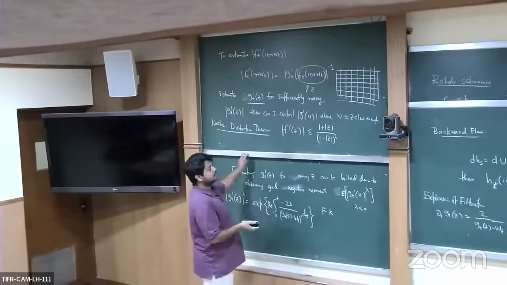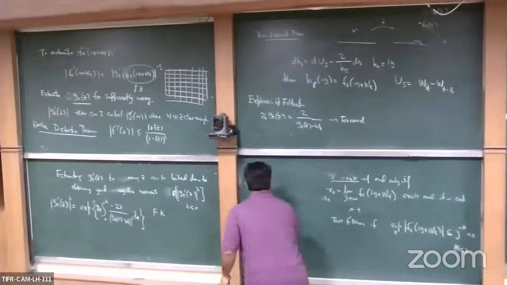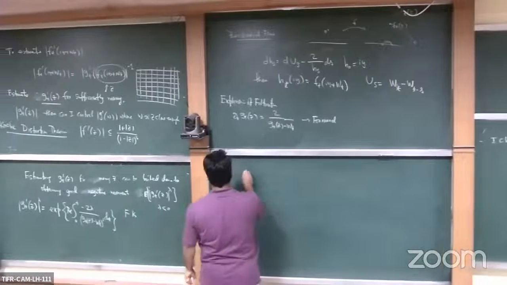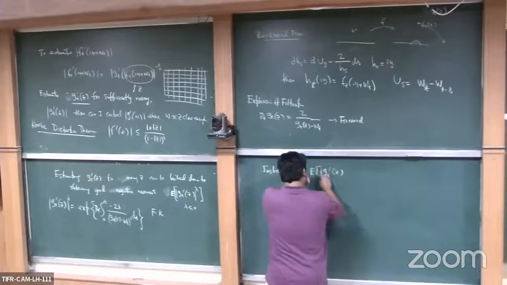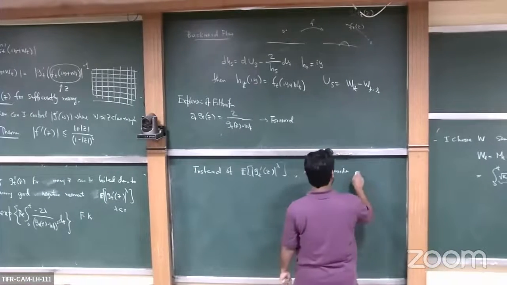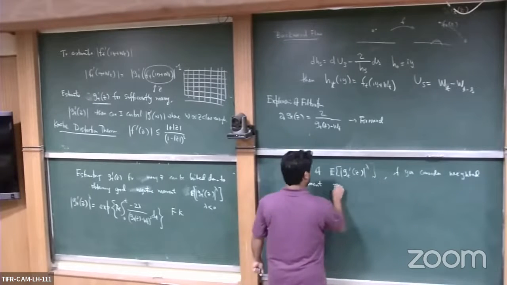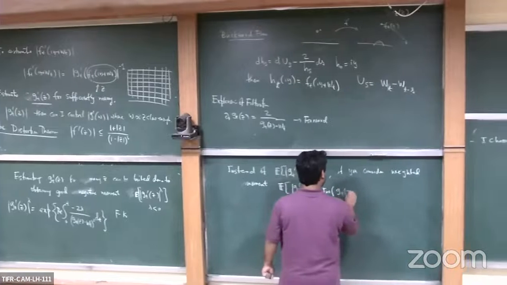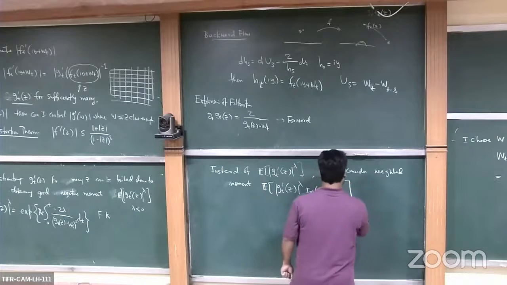But what turns out to be the case is, if instead of the expected value, you consider a kind of weighted expected value, a weighted moment, which is given by the imaginary part of G_t(z) raised to some power psi.